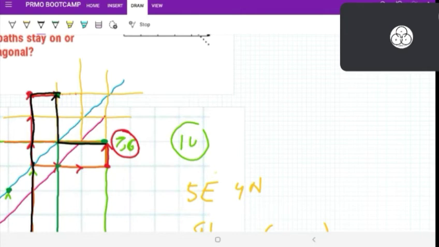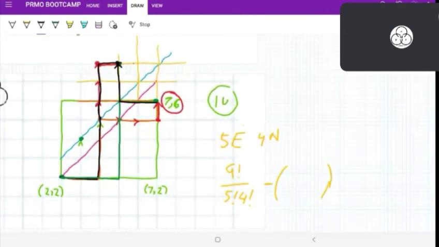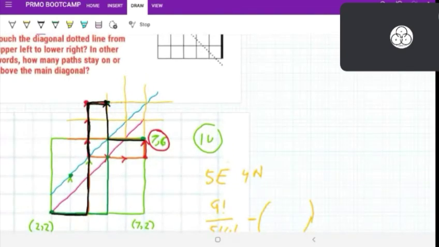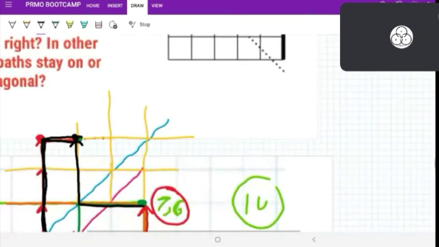Now if we see how many such reflected paths are possible, we can clearly observe that this black line starts from 2, 2 and ends at where? This point is what? 5, 8.